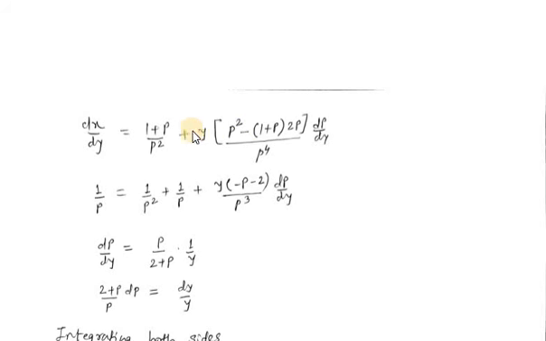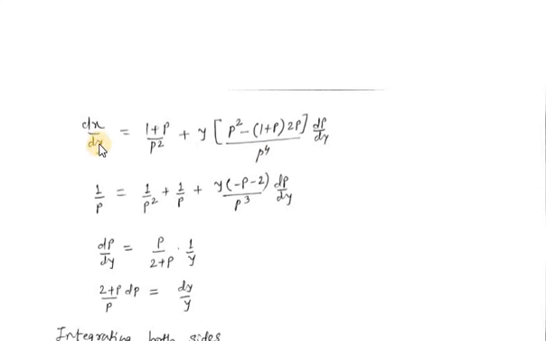Then after minus (1 plus p) will be as it is, and derivative of p square, that will be 2p into dp by dy, and we have taken dp by dy common, divided by p square the whole square, so it will become p raised to 4.